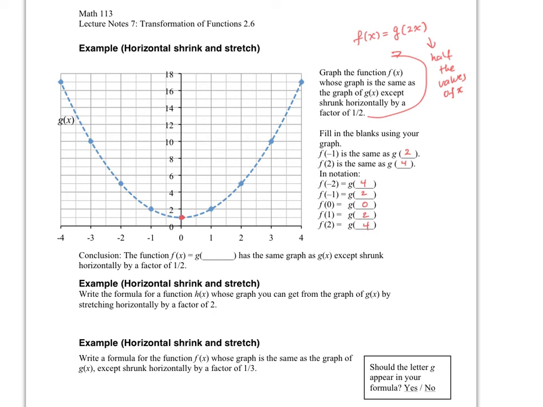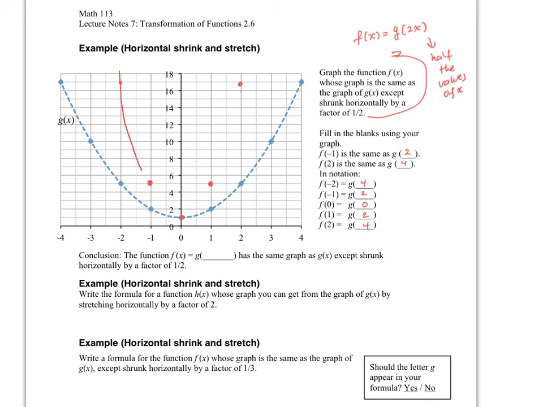But remember, g of 2 is equal to 5, so that means that f of 1 will give you 5. And then f of 2 is the same thing as g of 4, but g of 4 is 17, so this one will go here. Same thing here by symmetry, and then -2, this will give you 17.